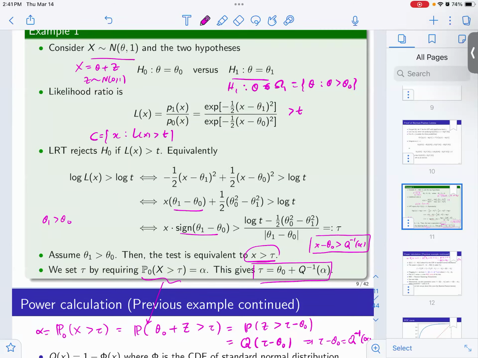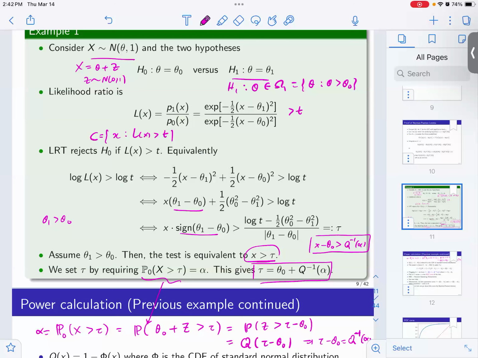So if we solve this simple hypothesis test, you realize that it can be simultaneously most powerful against all of them, because if it's below theta naught, then the sign changes and the structure of the most powerful test changes.